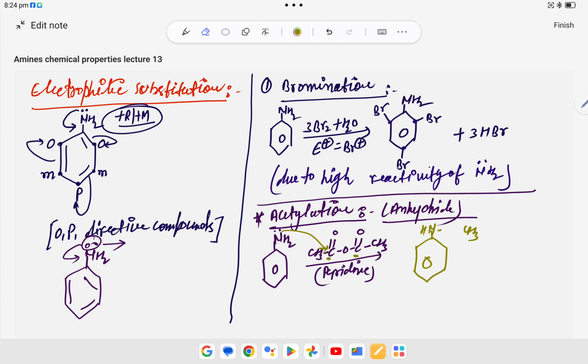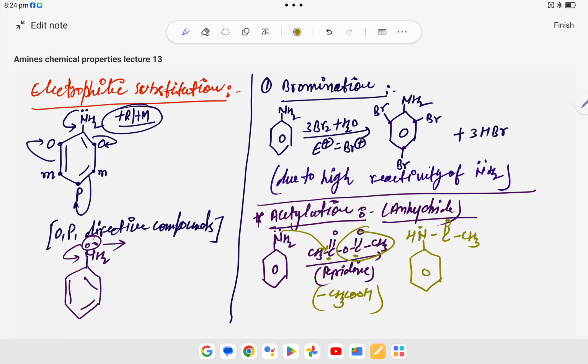Okay, I am writing clearly here, it is not clear. So we will get nitrogen, C double bond O, CH3 and one hydrogen. And one hydrogen with this species will form CH3COOH.